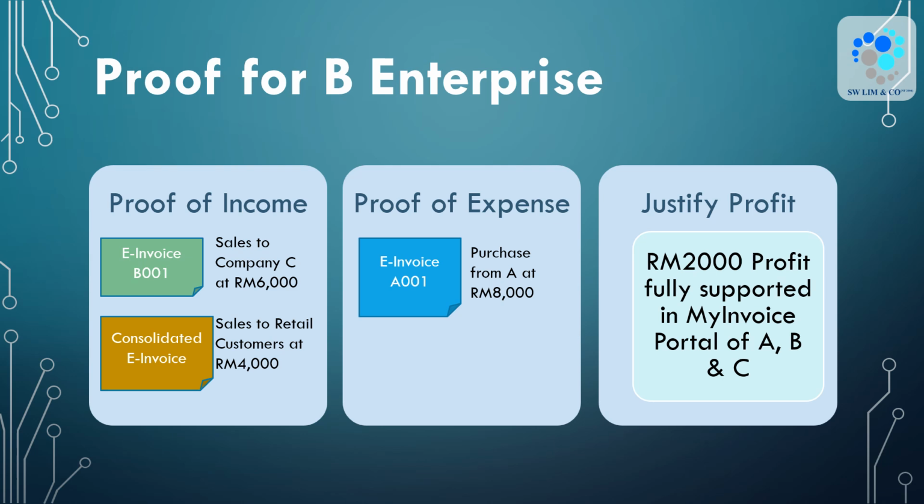As for the expense, or the purchase of the product, B Enterprise will use the e-invoice A001 that company A has issued to B. And at month-end, B Enterprise makes a profit of 2,000 ringgit by adding the e-invoice B001 of 6,000, the consolidated e-invoice of 4,000, and subtracting the e-invoice A001 of 8,000.